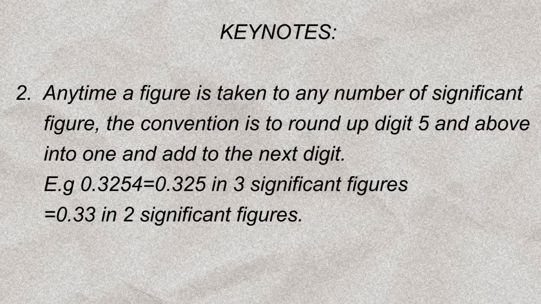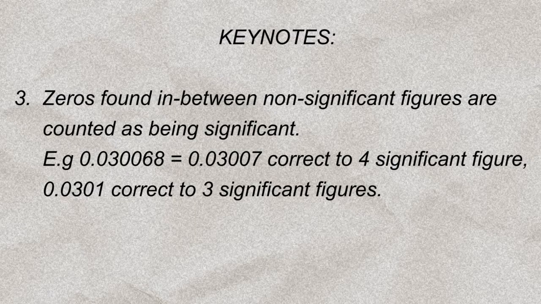Now the final keynote point you should take note of is that zeros that are found in between non-zero figures are counted as being significant. Now what do we mean by that? Look at the example on the screen.